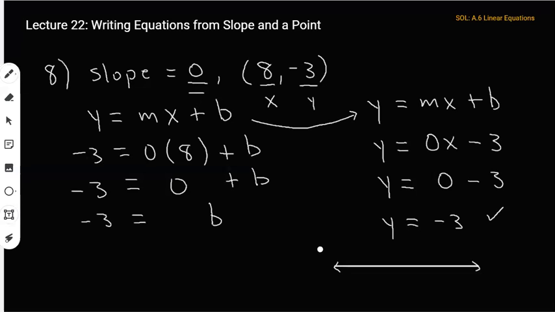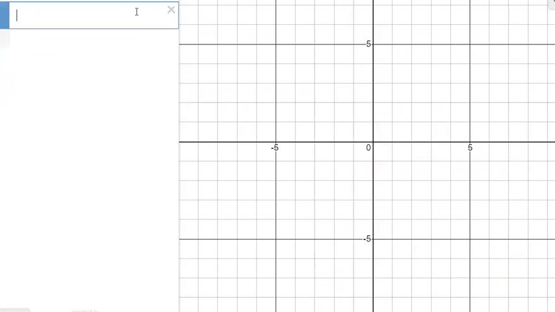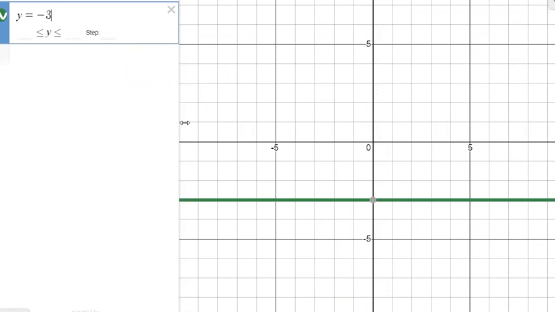So if I want to check this, I can go to Desmos and type in y equals -3, the answer that I just got. And what I want to make sure of is that the line is horizontal for starters, and that it goes through this point right here, 8, -3. So if I go to Desmos and I type in y equals -3, I do get a horizontal line down here.